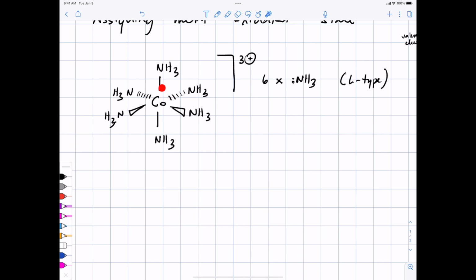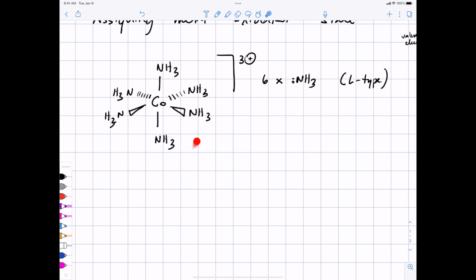You assume that the electrons in the bond between the metal and the ligand belong to the ligand. And then you say, if the ligand leaves, does it leave neutral or negatively charged? For these ammonia ligands, of course, NH3 with a lone pair leaves neutral, which means that this +3 charge must be from the metal and not from any of the ligands.